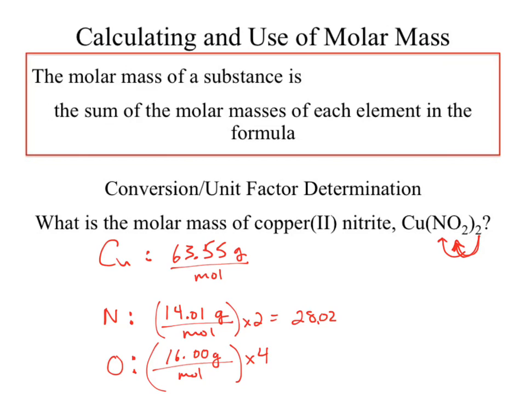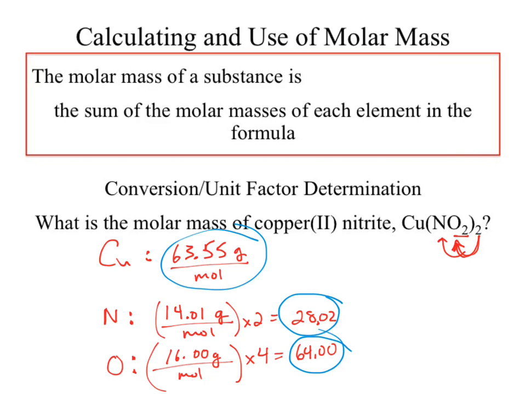It multiplies O2 by 2, which means I've got 4, which gives me 64. Now what do we do? Add that number plus that number plus that number, and I get the molar mass for our copper nitrite.